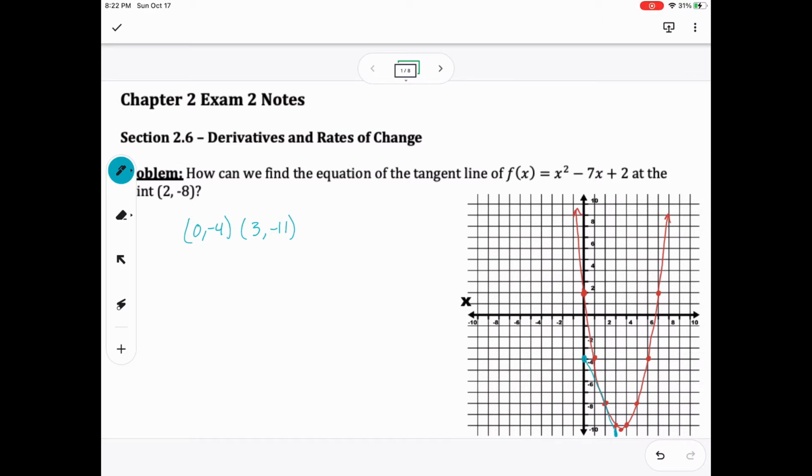Just using the slope formula that we talked about, it doesn't matter which one you have first or second, just as long as it's the same order. I put the negative 11 and 3 first, so it looks like I get negative 7/3, okay? But we'll come back to it.